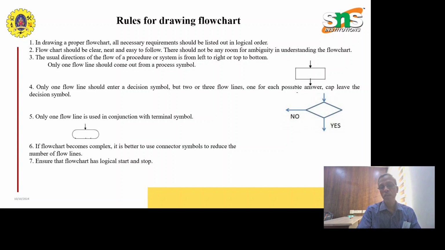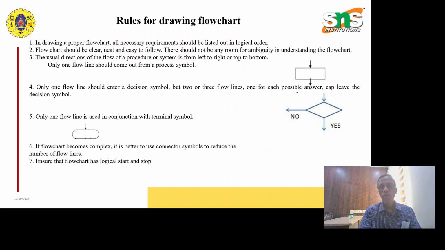The flowchart should be clear, neat, and easy to follow. There should not be any room for ambiguity in understanding the flowchart. It means it should be in a very clear, neat, and easily understandable format.